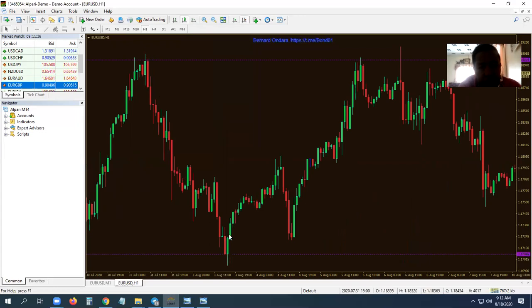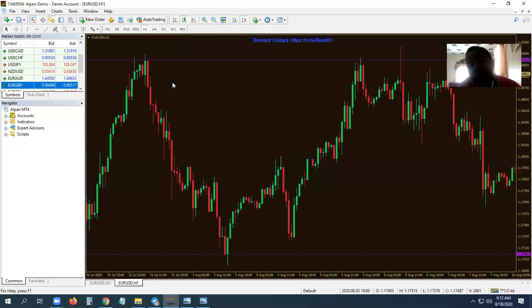Swing high, swing low. But what else will give me confidence this level will work in the future? The market has not returned to that level for very long. The market has not come back to this level for very long. The distance covered from that level is big. The distance covered from here is also big.